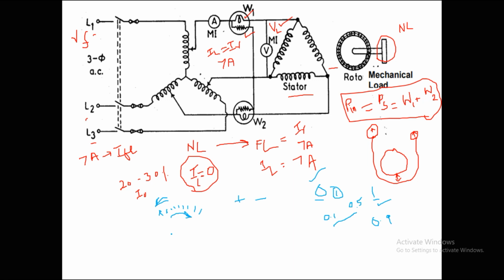So for reading that negative wattmeter reading, we are going to change the direction of the current entering the wattmeter. Either we can change the terminals of the current coil or the voltage coil, but here we are going to interchange the terminals of the current coil.